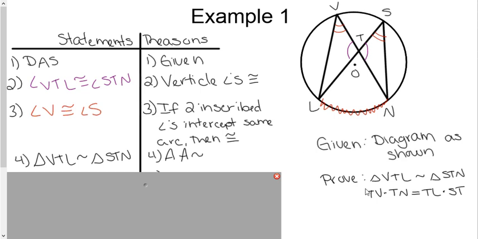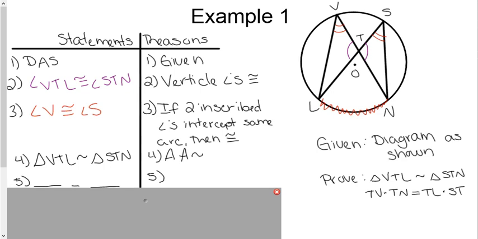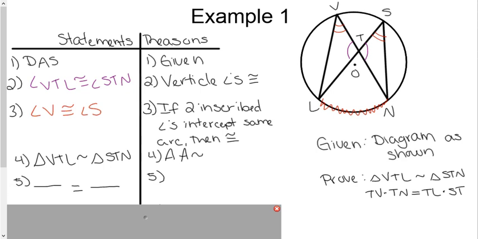Now, the last thing we want to prove is this long line right here. But before we can do that, we have to write proportions. If you remember, those are two fractions that are equal to each other. We have to figure out how to place these four segments in this proportion so that when I cross multiply, I end up multiplying these two and multiplying these two.